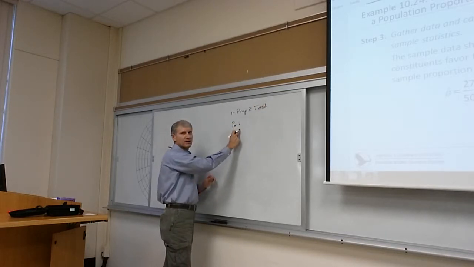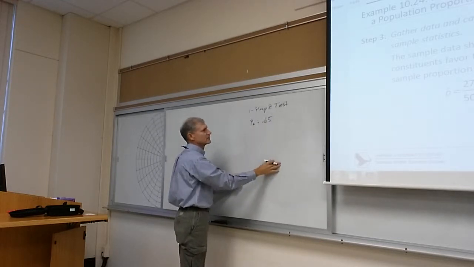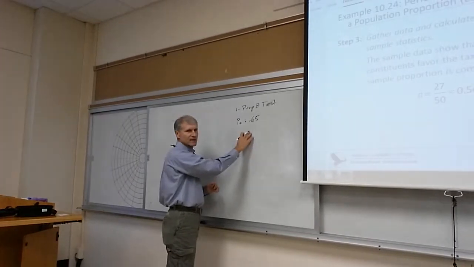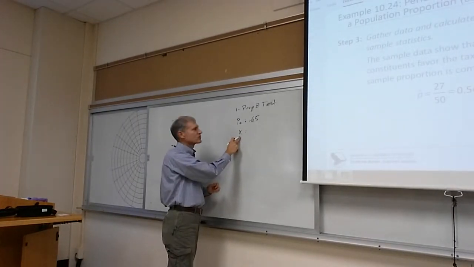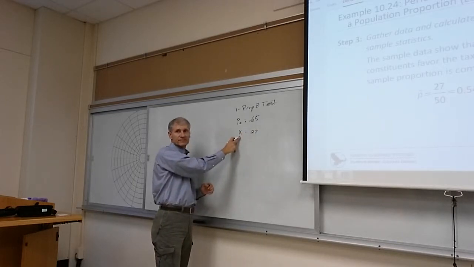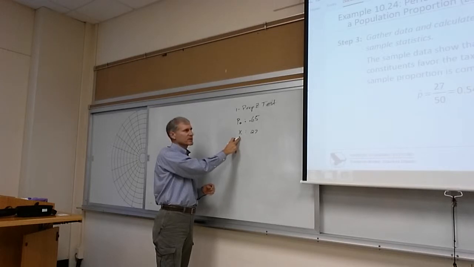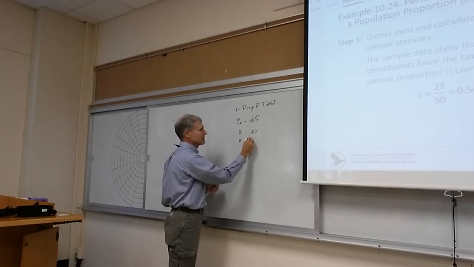What do we enter there? 0.65. And then what's the next thing? X. X is 27, and it's the number of successes. We'll work a problem in a minute where they don't give us that. We have to figure it out. And then n is 50.